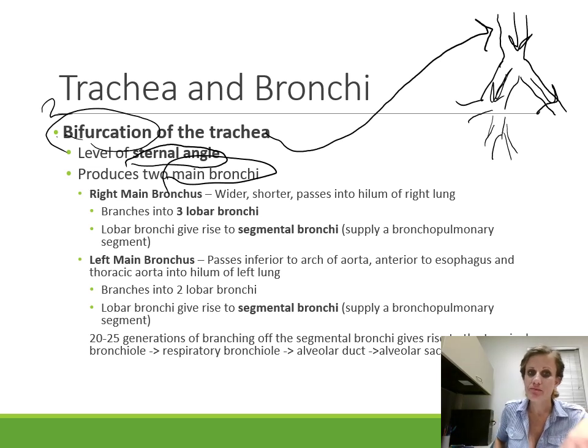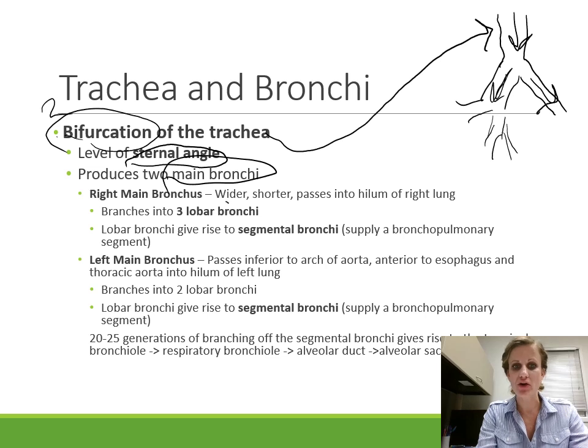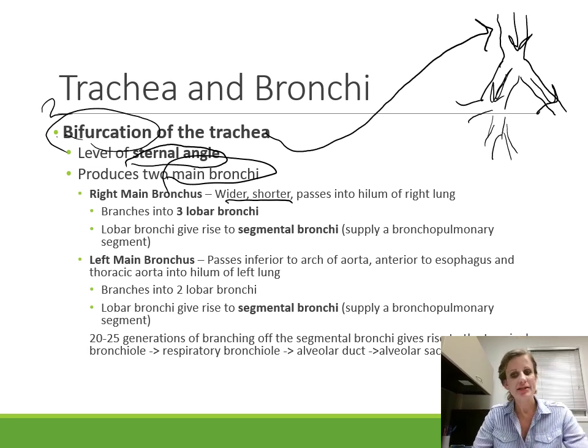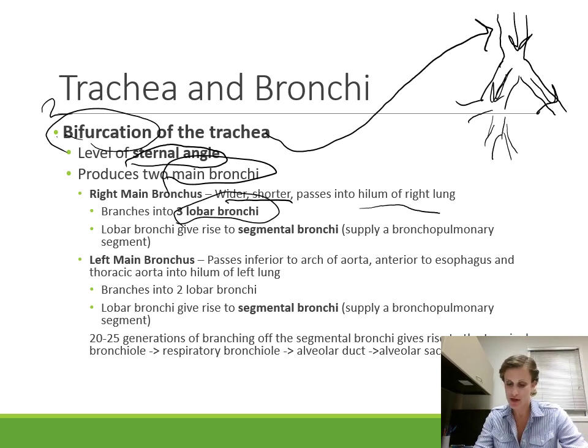The right main bronchus is typically wider and shorter. It doesn't have as far to go to get to the right lung, so it's shorter. And then it just passes directly into the hilum of the right lung and ends up branching to give three lobar bronchi.